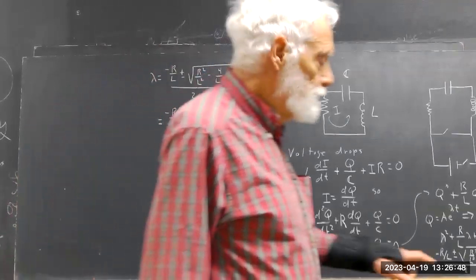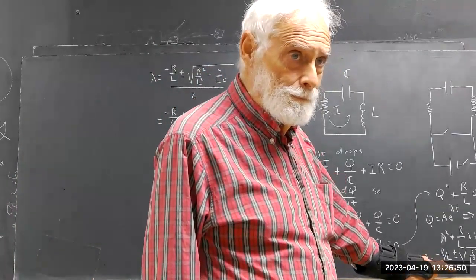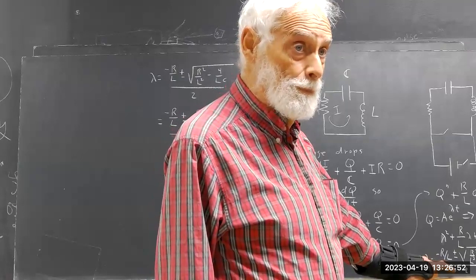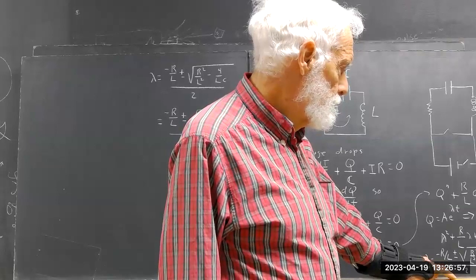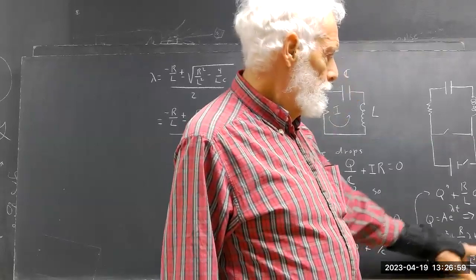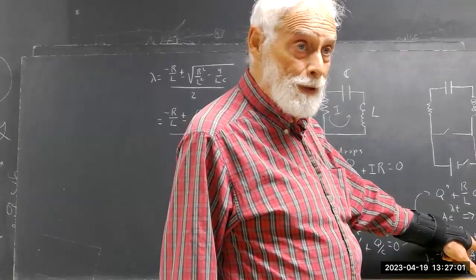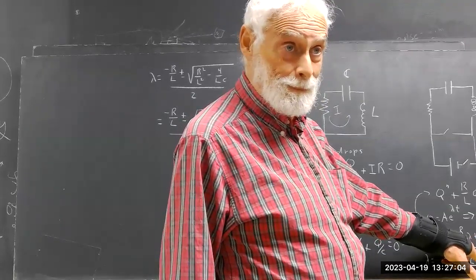If you leave the resistor out, it can work. The 2 here takes care of the 4 there, and you end up with 1 over LC.